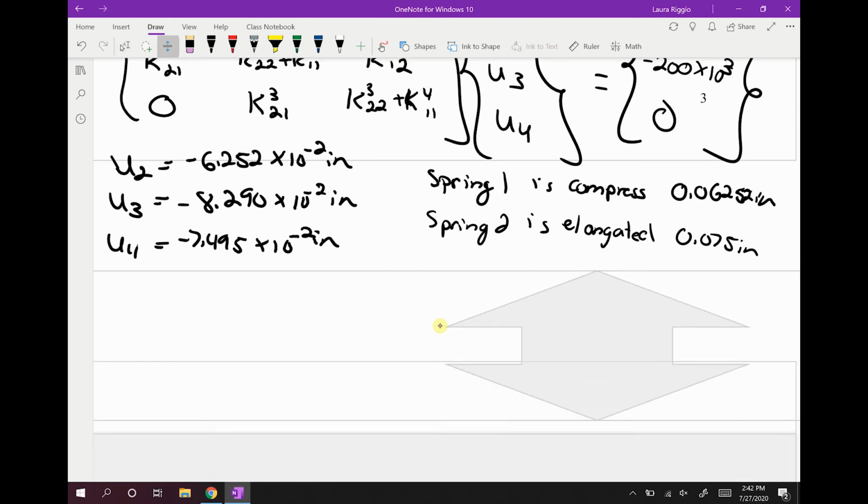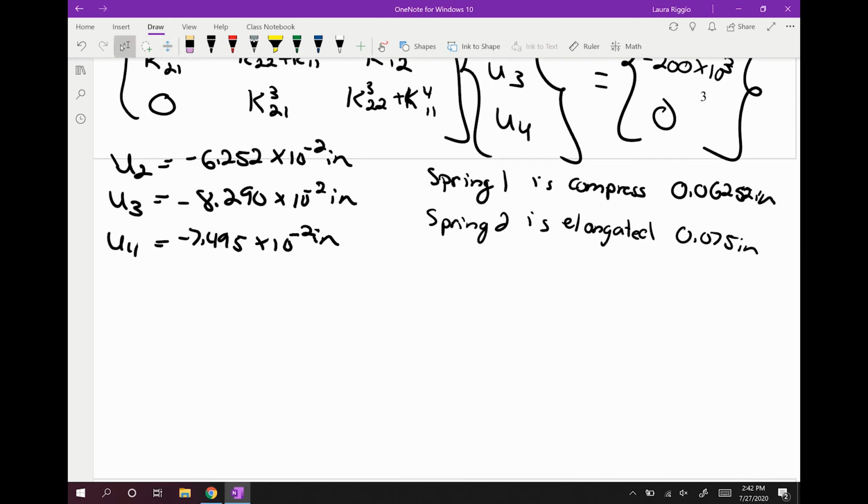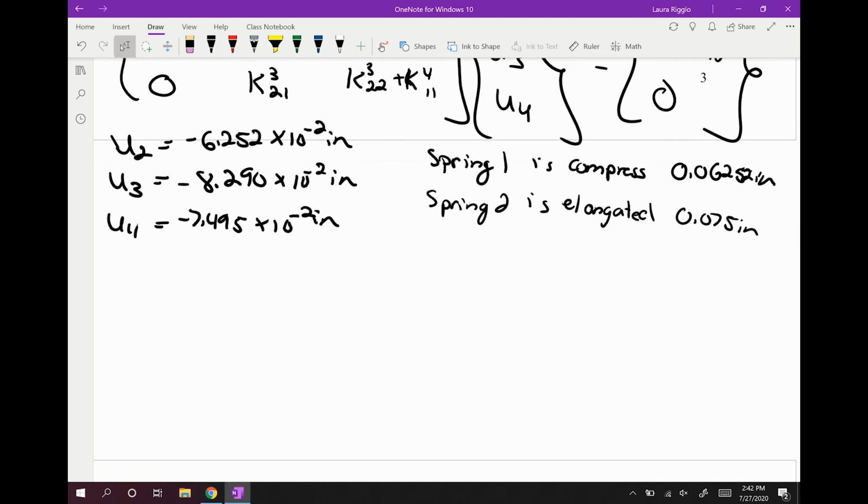We've gotten our unknown displacements. We know the compression and elongation for our springs. So now we have to find our reaction forces in order for us to find our stresses.